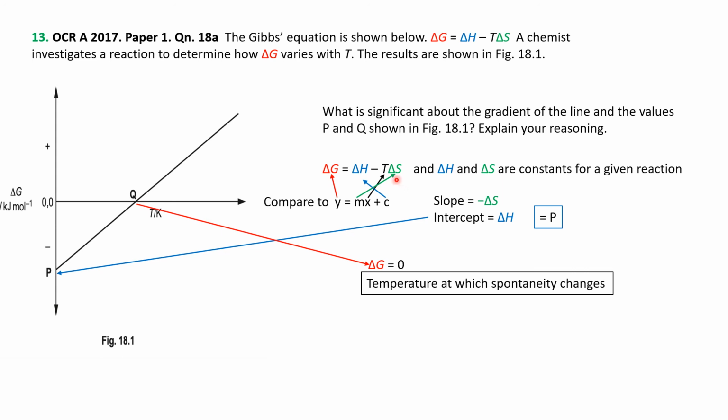And the reason we know delta S is negative is because minus delta S, which is the slope, is positive. Reactions are spontaneous when delta G is negative and non-spontaneous when delta G is positive.